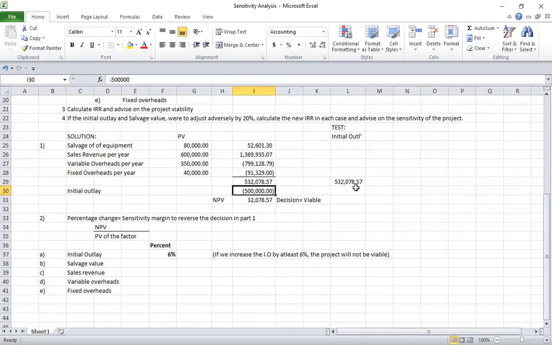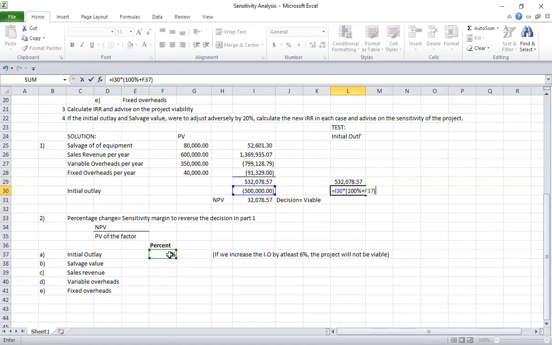And so in that case, what I want us to do is to increase this 500,000, the initial outlay, by 6%. Remember, increasing by 6% means that we multiply by, let me do it in brackets, 100% plus this 6%.